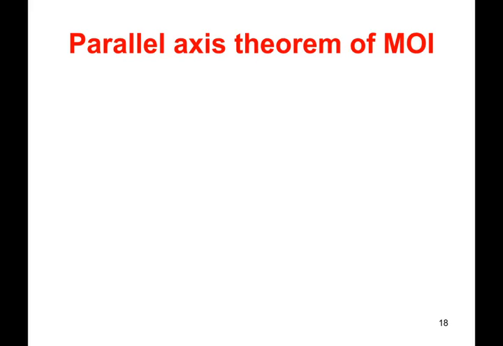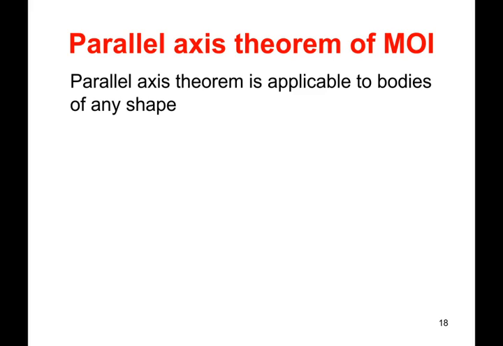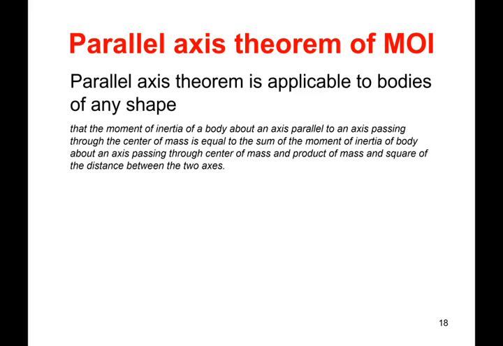Okay. The second theorem that we want to talk about, and this is the last thing we want to discuss in this class as far as the theory goes, is the parallel axis theorem of moment of inertia. Parallel axis theorem is applicable to bodies of any shape, and it states that the moment of inertia of a body about an axis parallel to an axis passing through the center of mass, okay, so we are talking about two different axes here, right?